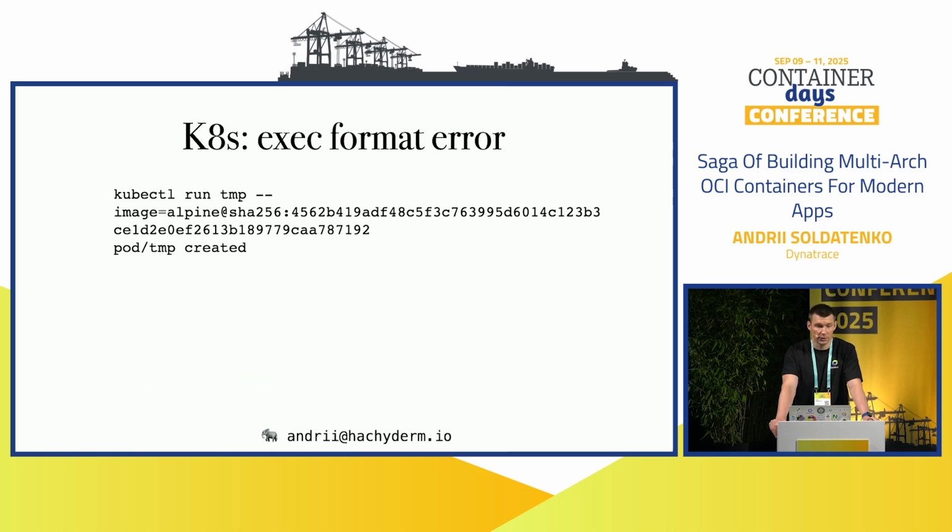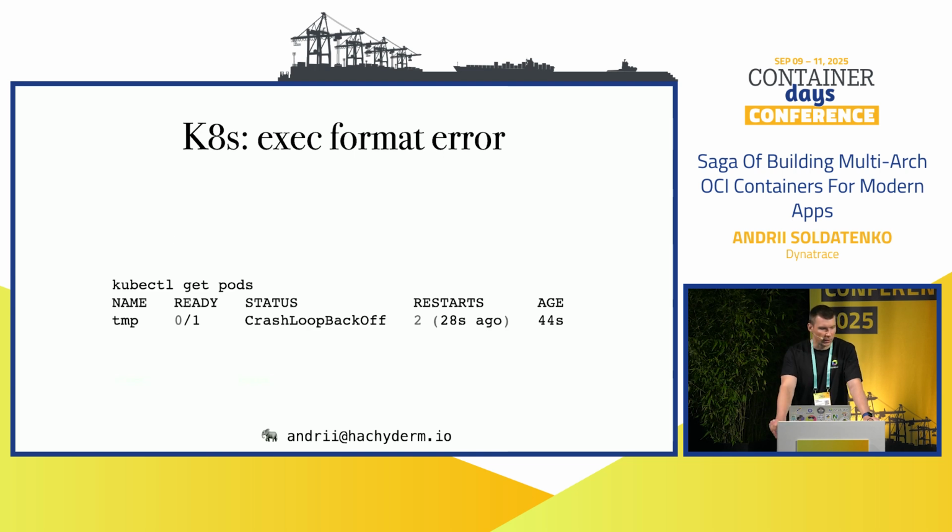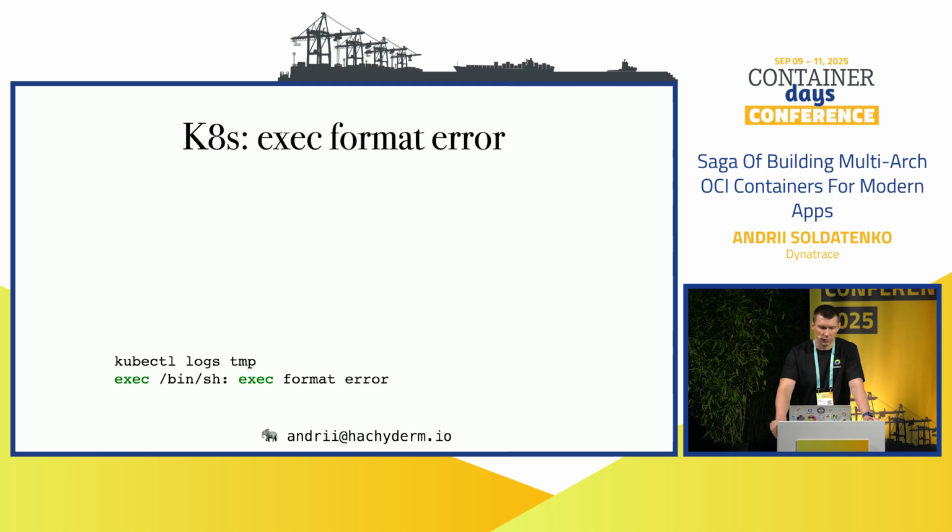Otherwise, Podman is smart enough to pull the right image, but I intentionally try to break it, as I usually try to break stuff until I make it work. And Kubernetes is not smart enough. It just shows you a crash loop. And if you try to get logs, you will see a very cryptic error message. What does it mean? Today we will go deeper into how to solve it and how to prevent it.